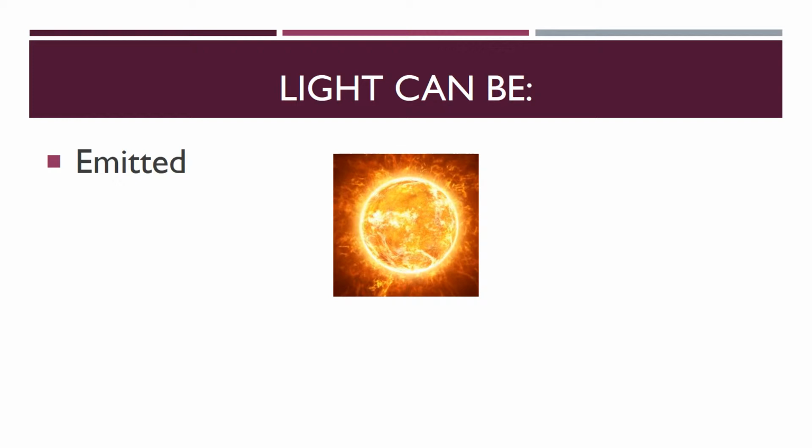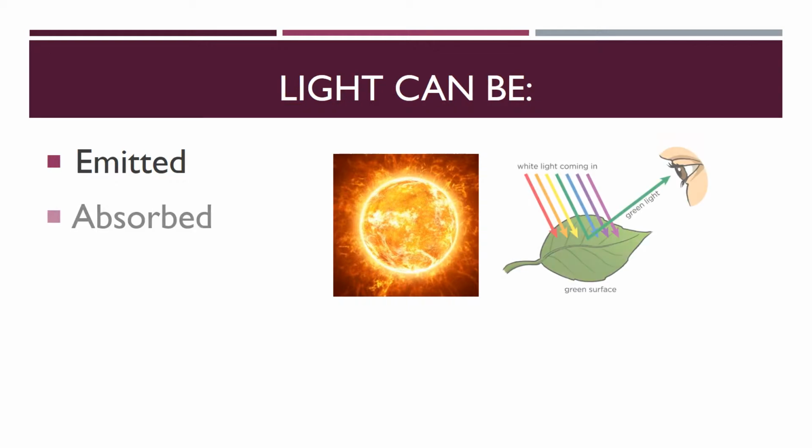Light, which is a wave, can also interact with ordinary matter. One interaction of light is the emitting of light by matter. For example, a star, when it has nuclear fusion inside its core, can emit light from its surface. Another interaction of light with ordinary matter is that light can be absorbed.